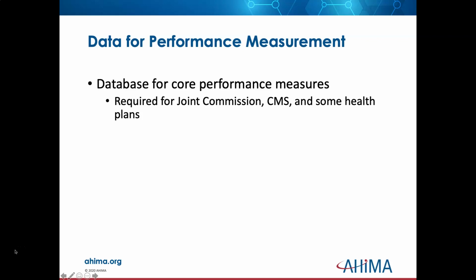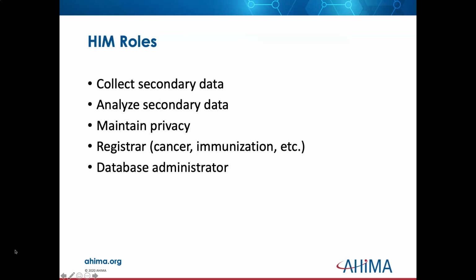They're required for Joint Commission, CMS, and some health plans. All healthcare organizations, especially acute care hospitals, have to report these core measures, and then they're utilized for review on performance. I'm going to skip through here about HIM roles, and that is the end of Chapter 7.